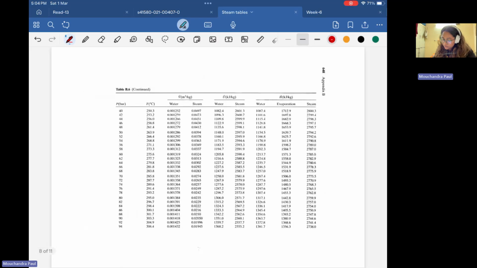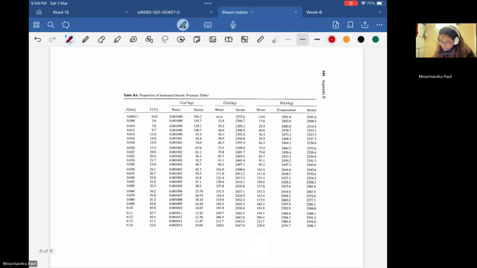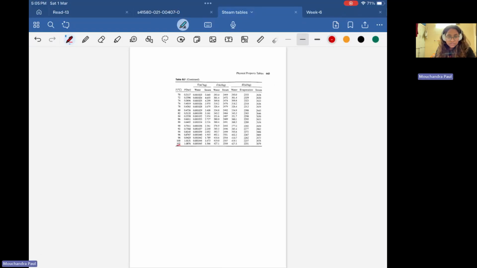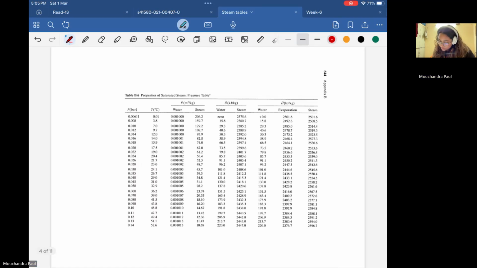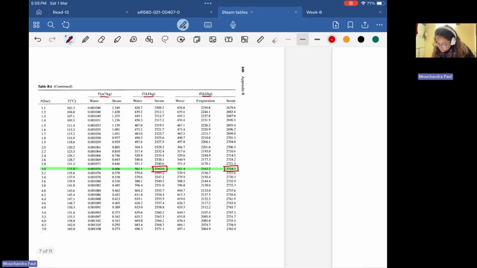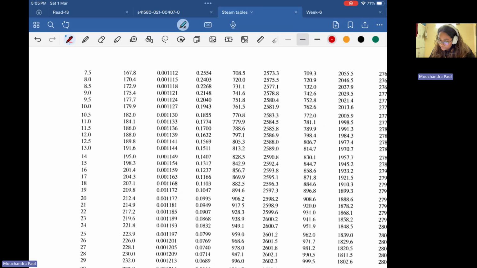So let's go back to the saturated steam table. We have to use the pressure table only because the temperature table does not exceed beyond 102 degrees Celsius. So if you look at the pressure table, 179.9, there you go, I found it. So this is the row that we're interested in.